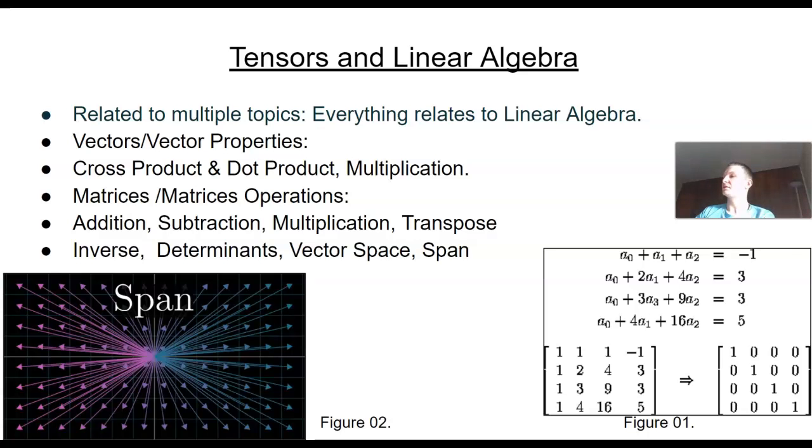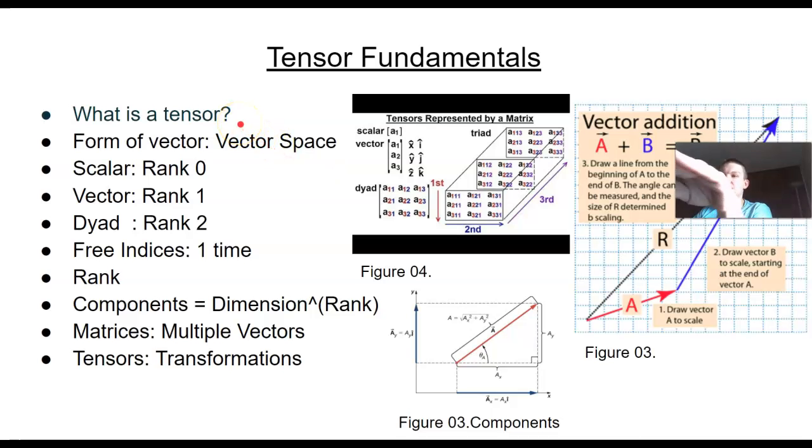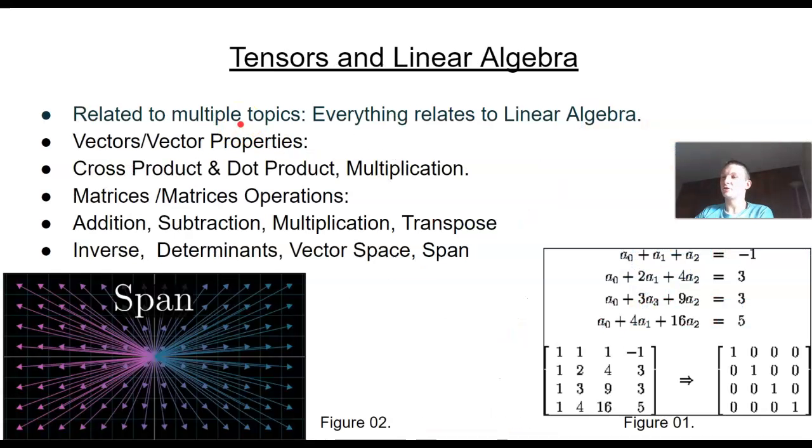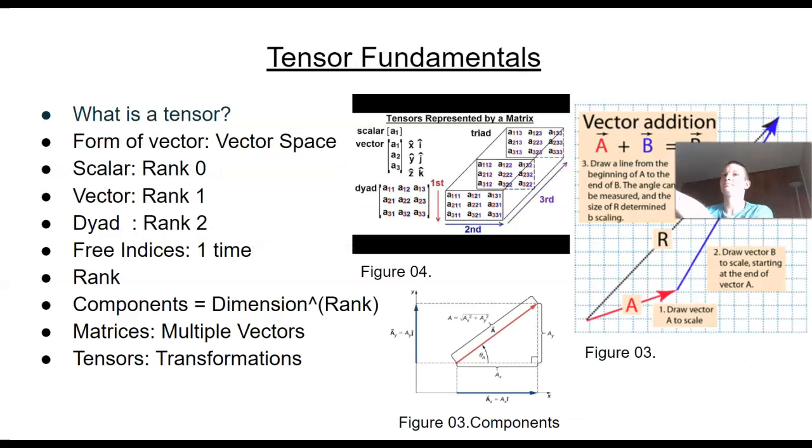Matrix and vector operations such as addition, subtraction, multiplication, transpose, and more are important for describing vectors. For describing tensors, transpose would be one of those just for the matrices. Figure 2 illustrates span and figure 1 shows systems of equations.